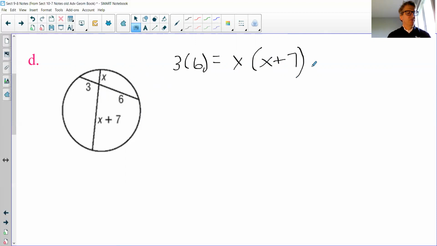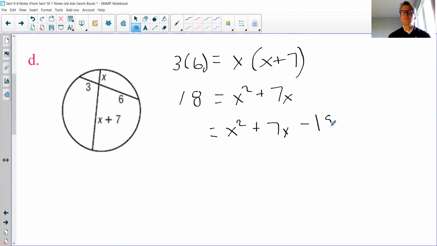Now we're going to move into the distributive property. This is 18 equals x squared plus 7x. Now we're going to solve for x. Subtract 18 from both sides. You would have x squared plus 7x minus 18 is equal to 0.